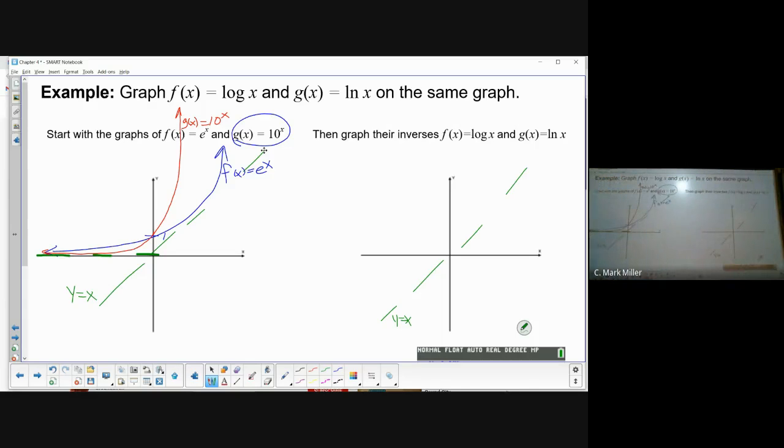Now, this y-intercept at 1 becomes an x-intercept at 1. The asymptote on the negative x-axis becomes an asymptote on the negative y-axis.